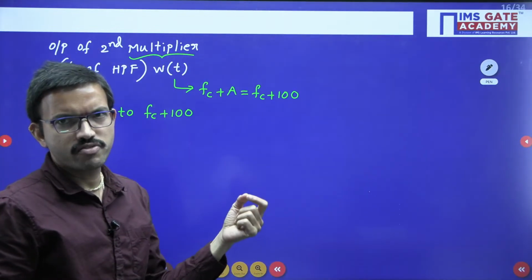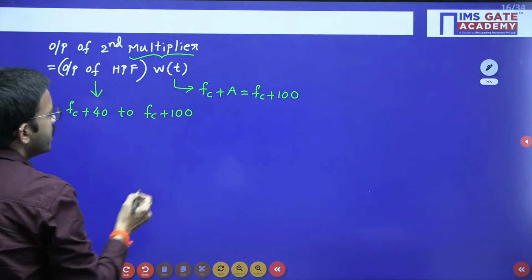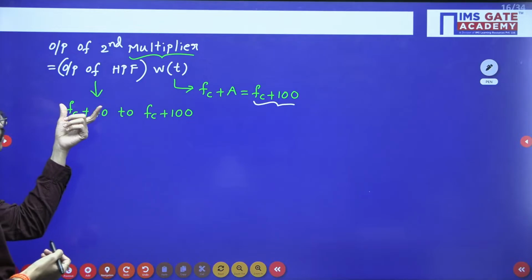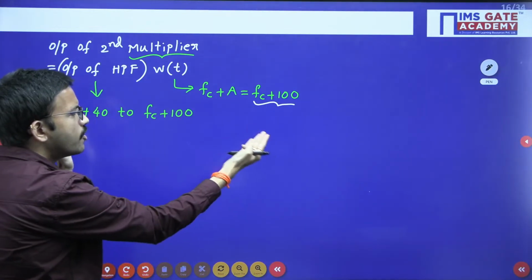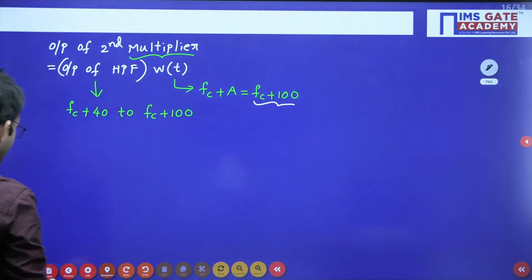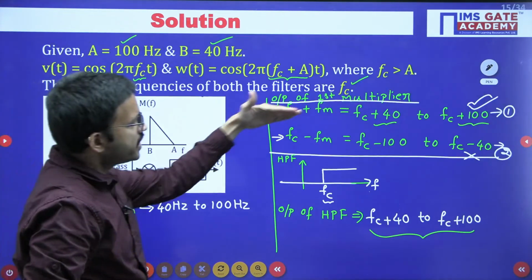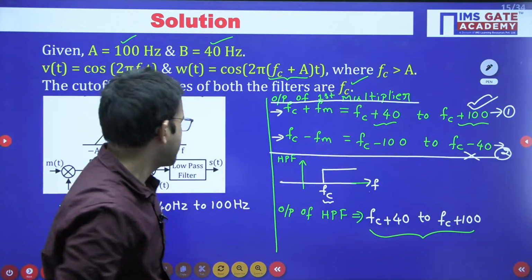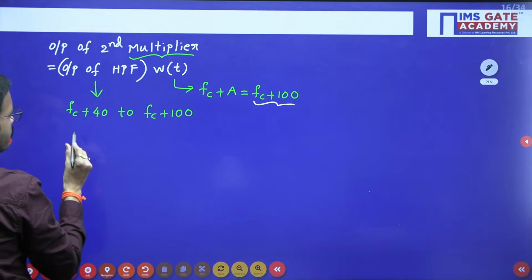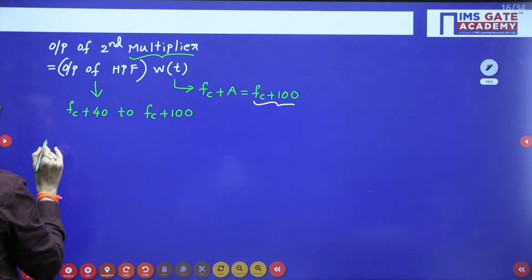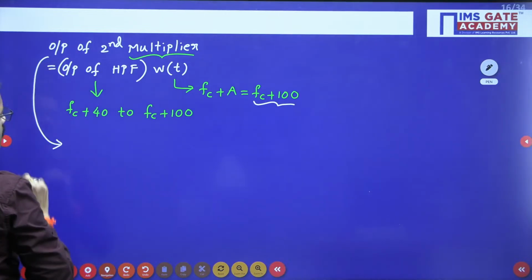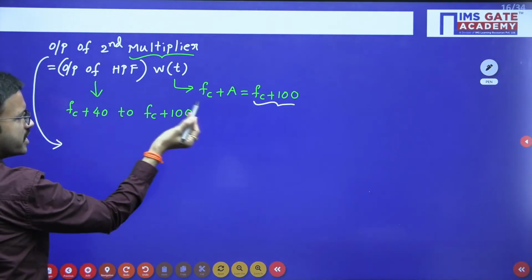We have to perform addition and similarly subtraction, so just like the earlier one, you will get two ranges of frequencies. First, perform the addition.